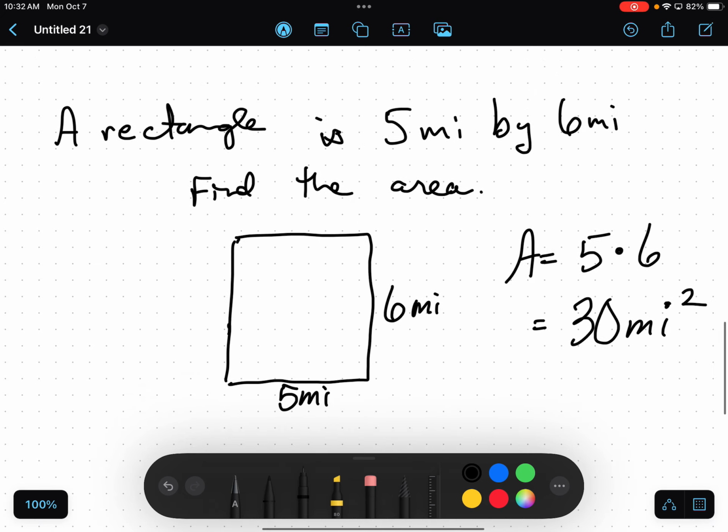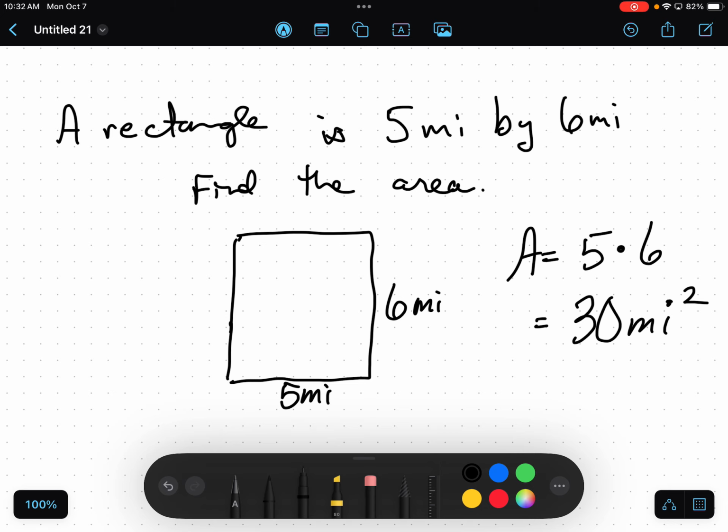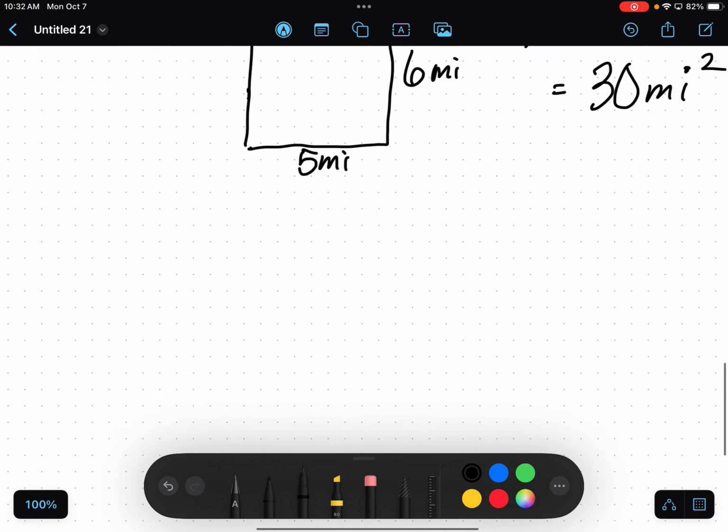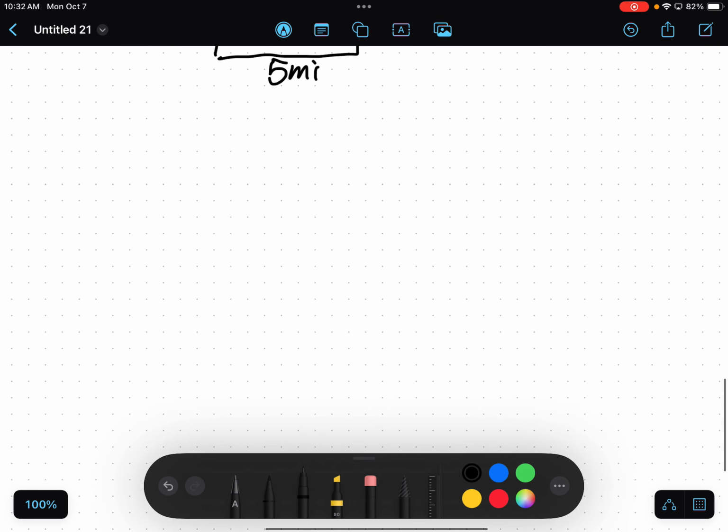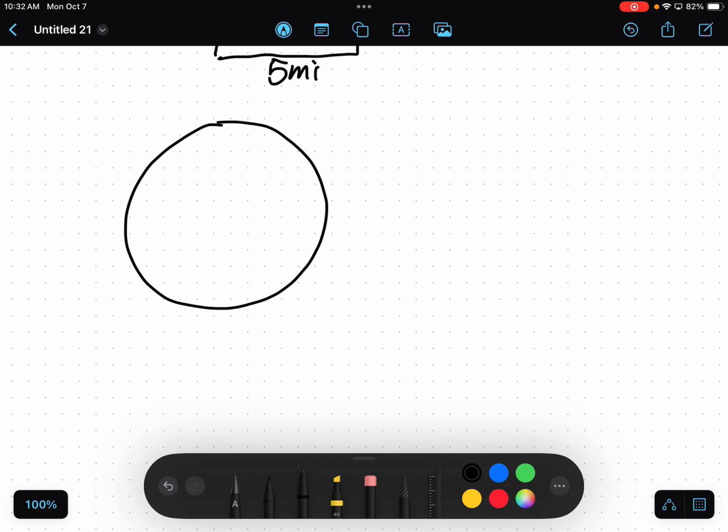And is everybody okay with the area of a rectangle? Okay. Then it's going to talk about a circle. The circle, one of the major things in here is a radius. And so when we're dealing with a circle, a couple different things. First of all, if you're finding the area of a circle, we're pi r squared.